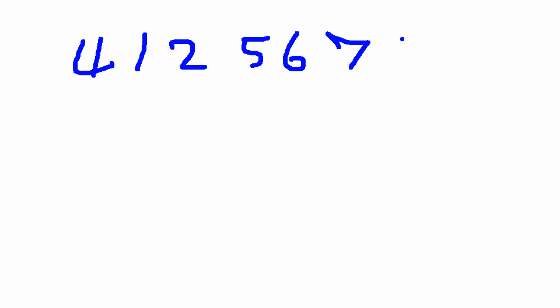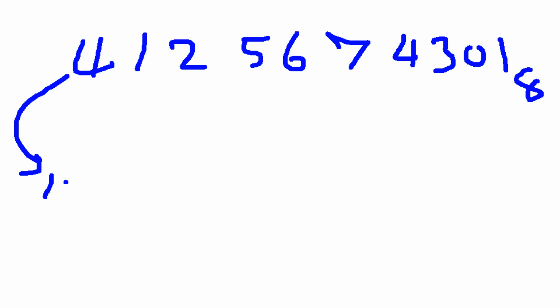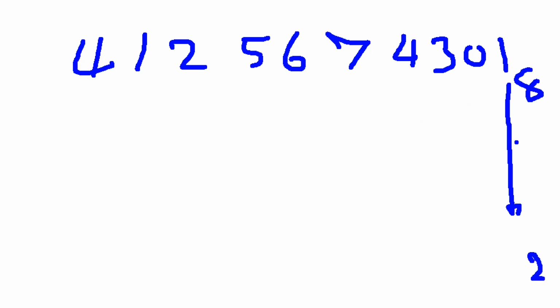It takes time. For example, take 4125674301 in base 8. If we want to convert it to binary, or radix 2, and you convert to radix 10 first, oh, a lot of numbers, a lot of steps to calculate. Anyway, if you want to convert to binary, it's easy. You can convert directly.